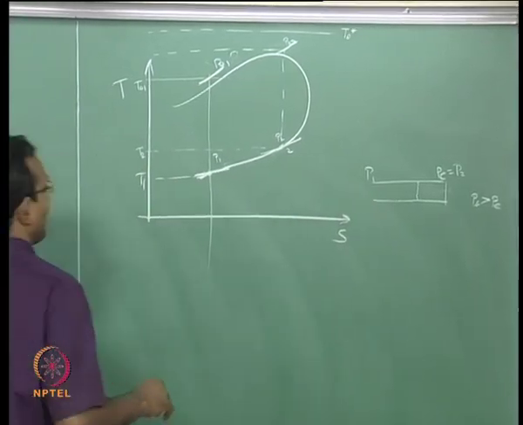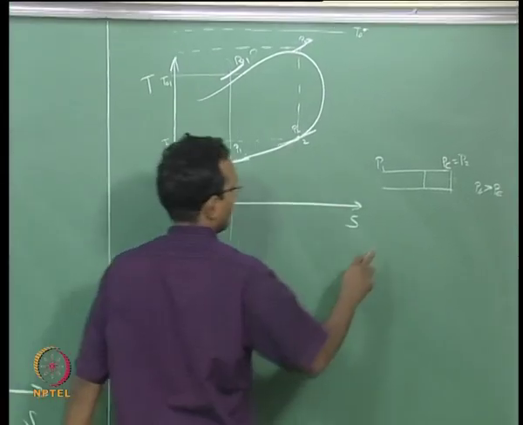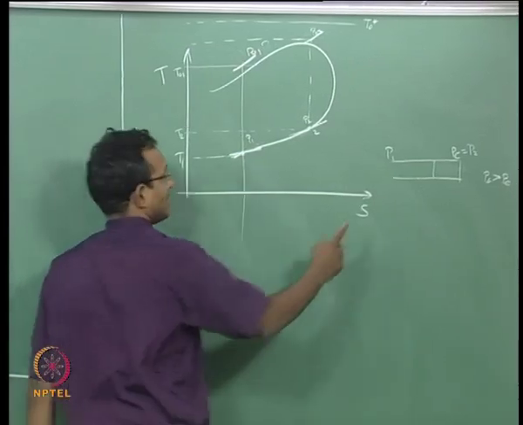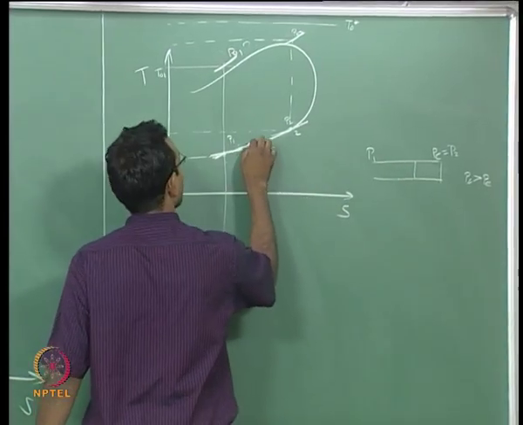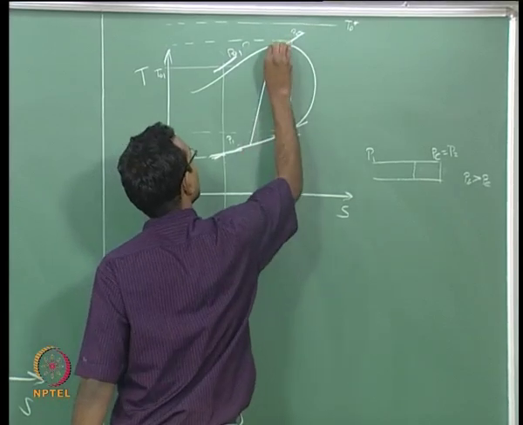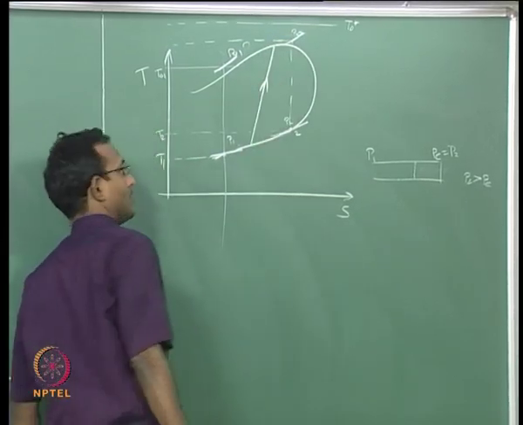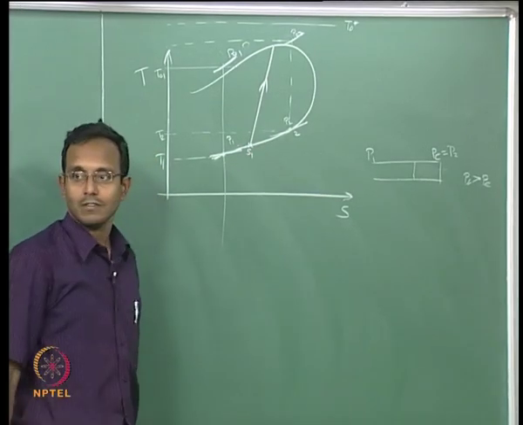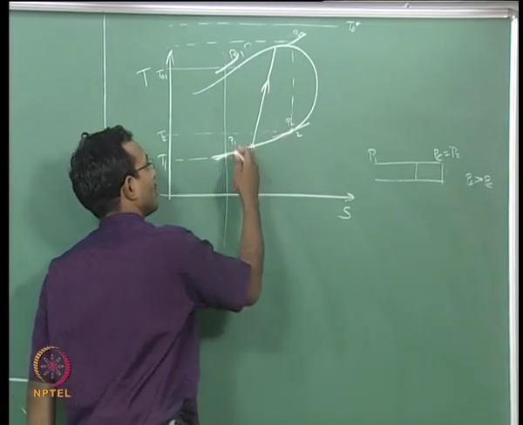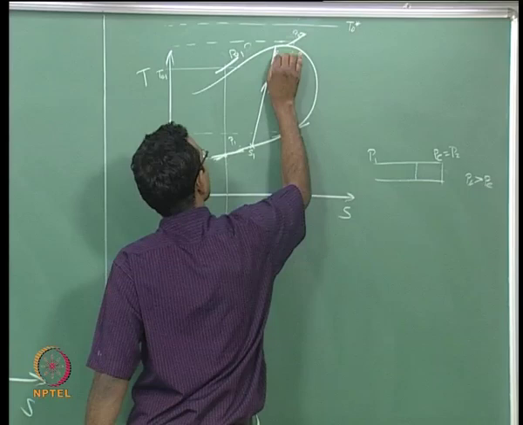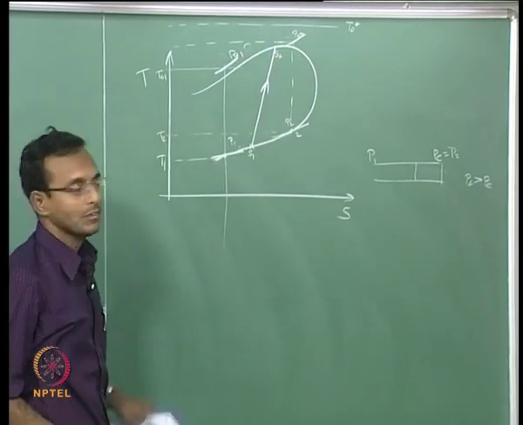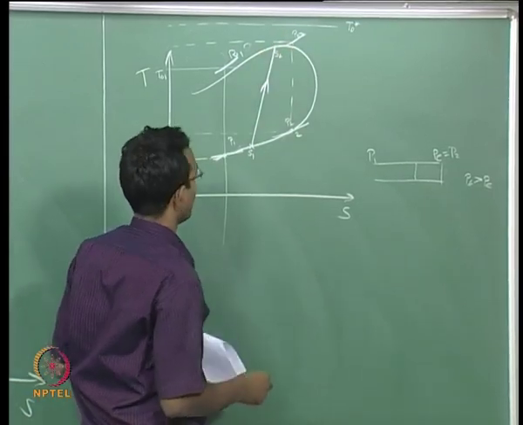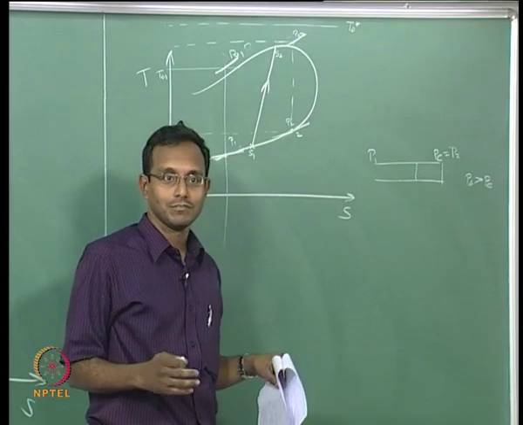Okay, if I think about that kind of slow heating system, then I am going to say that there is going to be a shock coming in here, inside here, and sitting such that I am going to jump from here to some other value across a normal shock from some location here. Let us say this is S1, that is just before the shock location, and this is my S2 just after the shock location, and from here it is still going to reach the same T0, okay, but the P0 can change now, right.